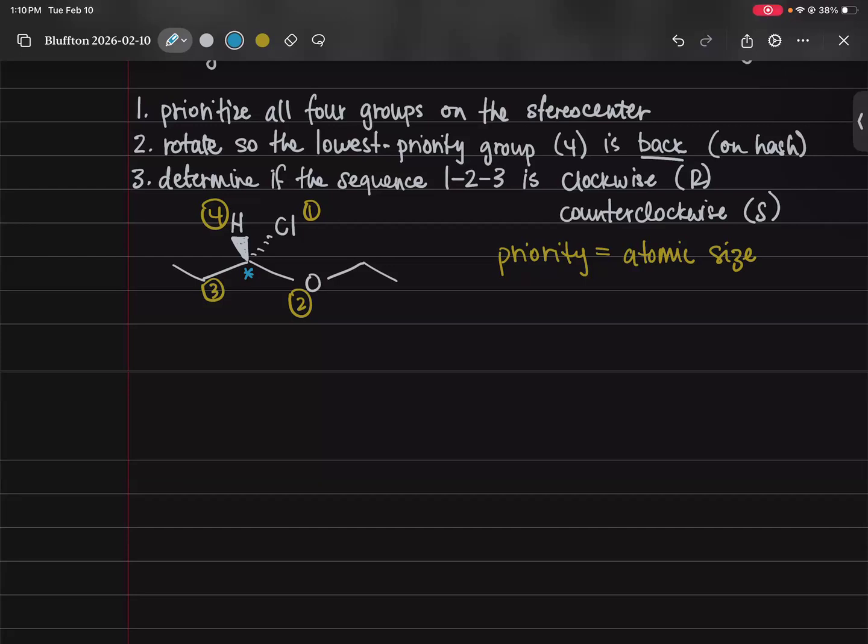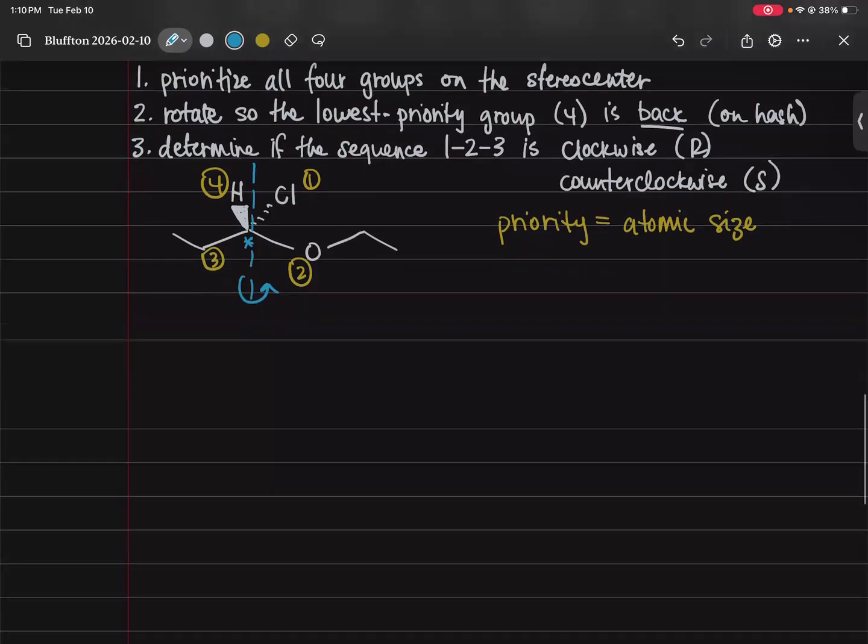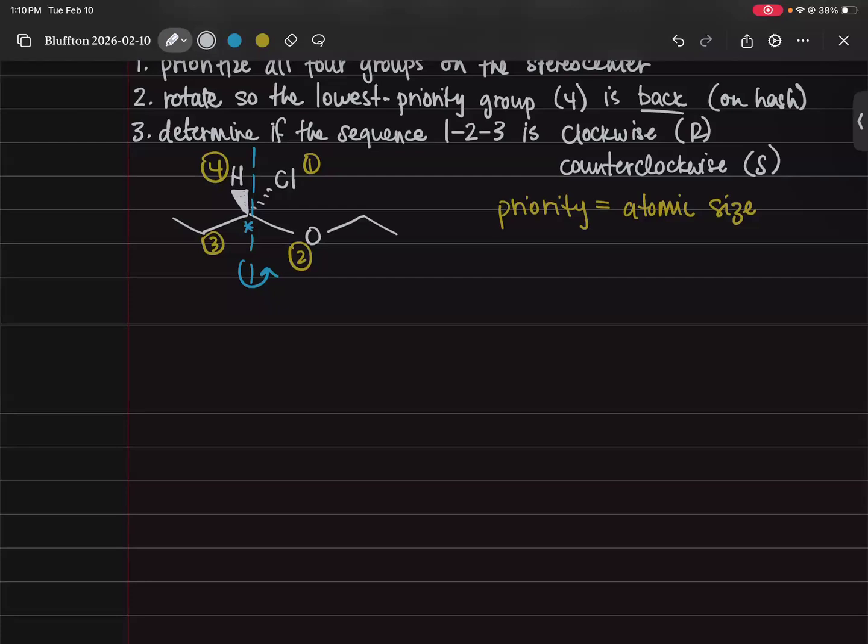So we need to rotate along this axis. Of course, it doesn't matter which direction we go, but we need to do a 180. This is where potentially your molecular model could come in handy, but actually, no, I'm going to be good and draw it out properly.